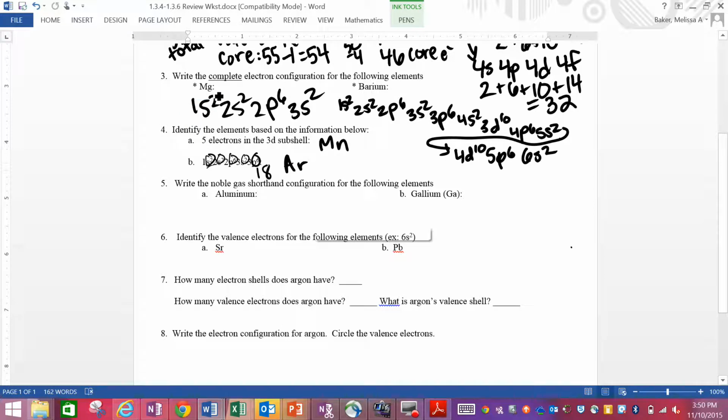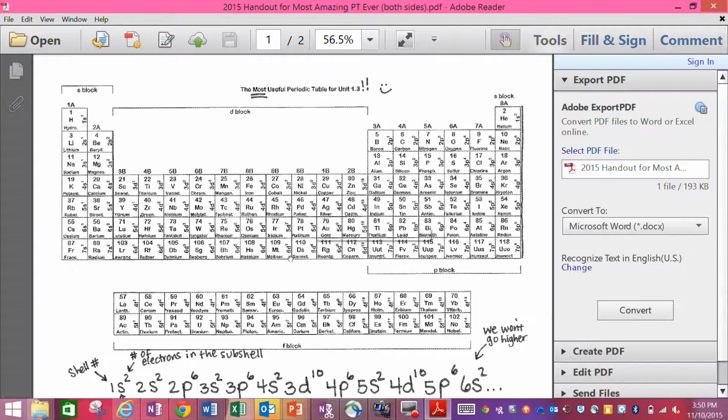How about the shorthand configuration? How do you do that again? Let's look at aluminum. You go back to the last noble gas before aluminum. That would be neon. So we put neon in brackets and we continue from there. 3s2 and 3p1. How about gallium? Gallium's number 31. The last noble gas before gallium is argon.